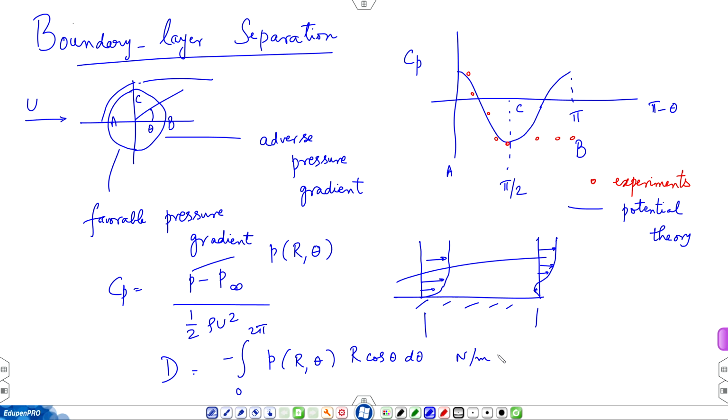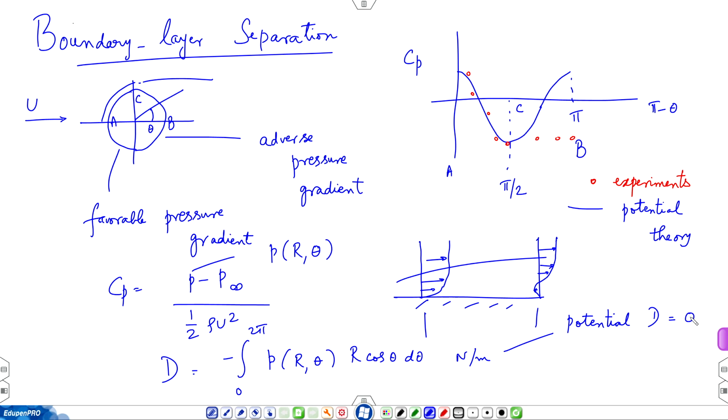Cos theta will give you the component in the flow direction, and this will give you the pressure variation. We have also seen that if you work with the potential variation, this entire solid line, we found the drag coefficient to be 0.